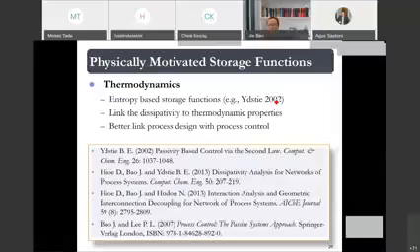In his paper, he called it dissipativity passivity, but the concept is exactly the same. And the good thing about that is that theoretically, for chemical processes, to determine the storage functions, you may not need to use trial and error methods to find a storage function. You can look at the entropy functions of the process and come up with a storage function. And it links process design with control better.